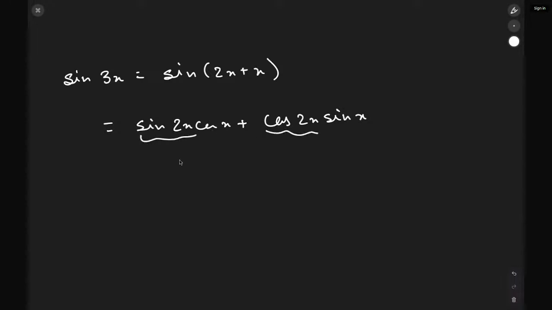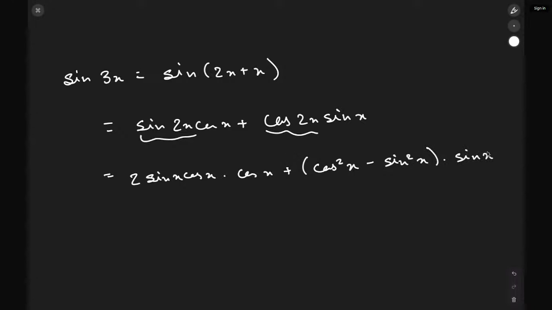It will be sin(2x plus x), which can be written as sin 2x cos x plus cos 2x sin x. Now we will open the double angle for this sin and this cos. Alright, so this sin will give us 2 sin x cos x multiplied with the cos x, plus this cos 2 theta we will write as cos square theta minus sin square theta, that is, cos square x minus sin square x times sin x.